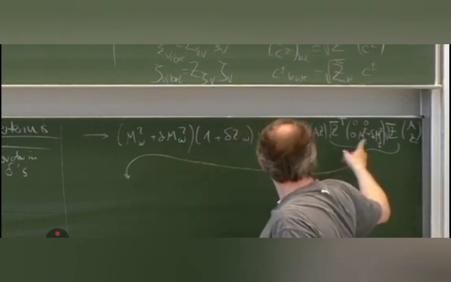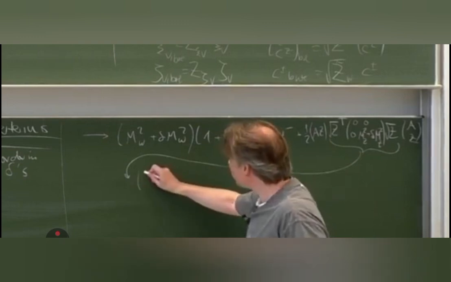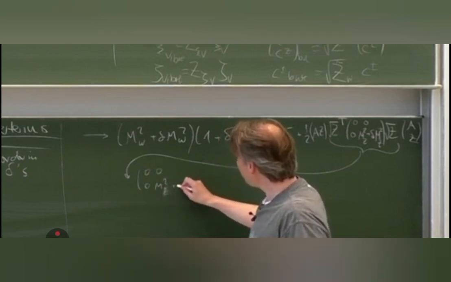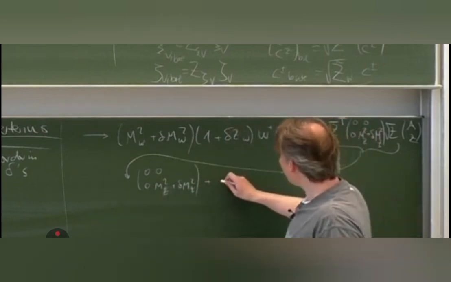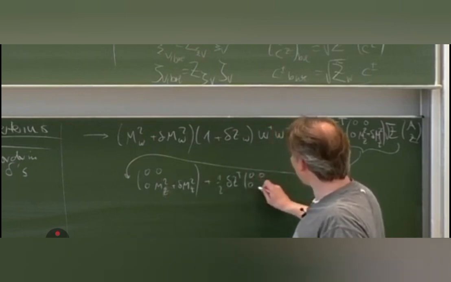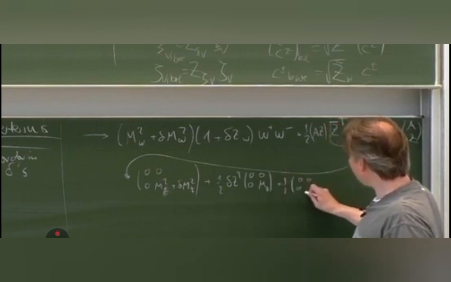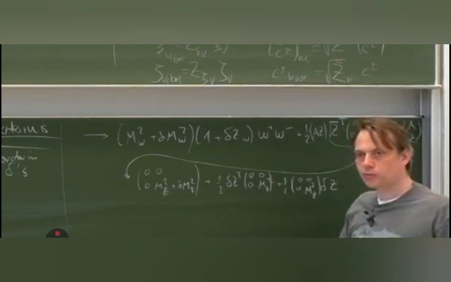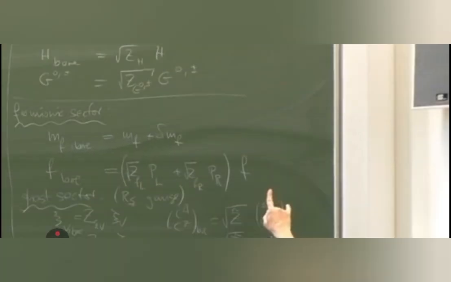at 0th order, we simply have the Z factors are the unit matrix. Then we get just the original mass matrix, this mZ squared plus delta mZ squared. And then we have here one term plus 1/2 delta Z transpose times the original mass matrix plus 1/2 original mass matrix times delta Z. And this delta Z stands for this matrix, the 2x2 matrix with the elements delta Z AA, and so on.